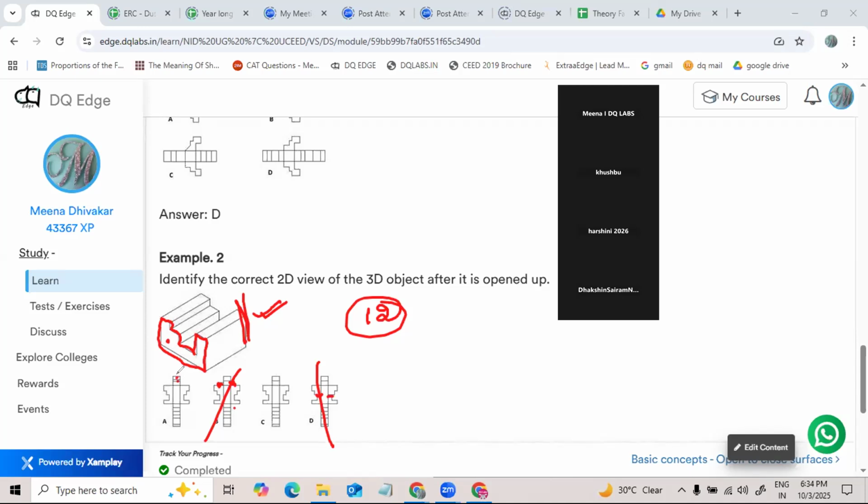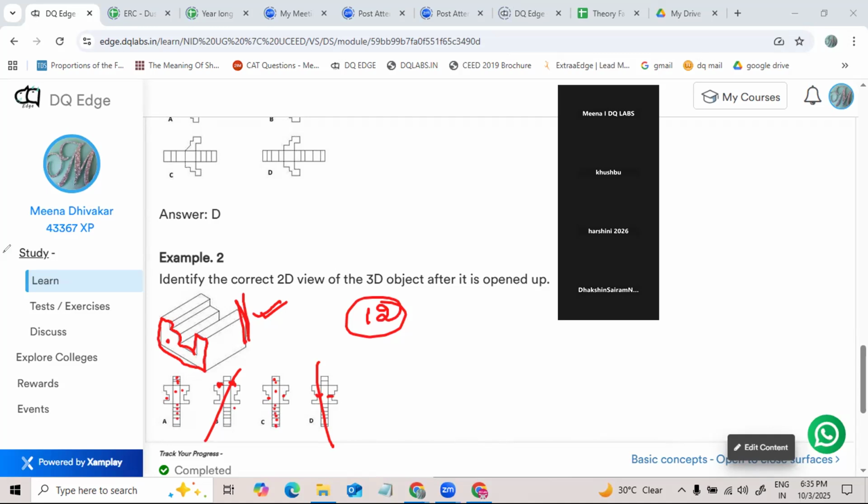It's 1, 2, 3, 4, 5, 6, 7, 8, 9, 10, 11, 12. And here it will be 1, 2, 3, 4, 5, 6, 7, 8, 9, 10, 11. Oh, wait. Is it 11 surfaces?